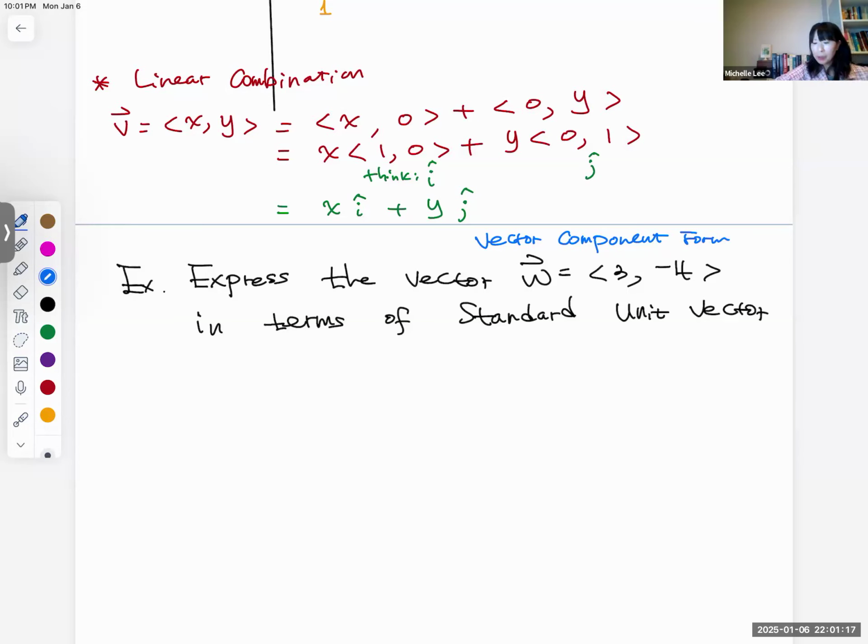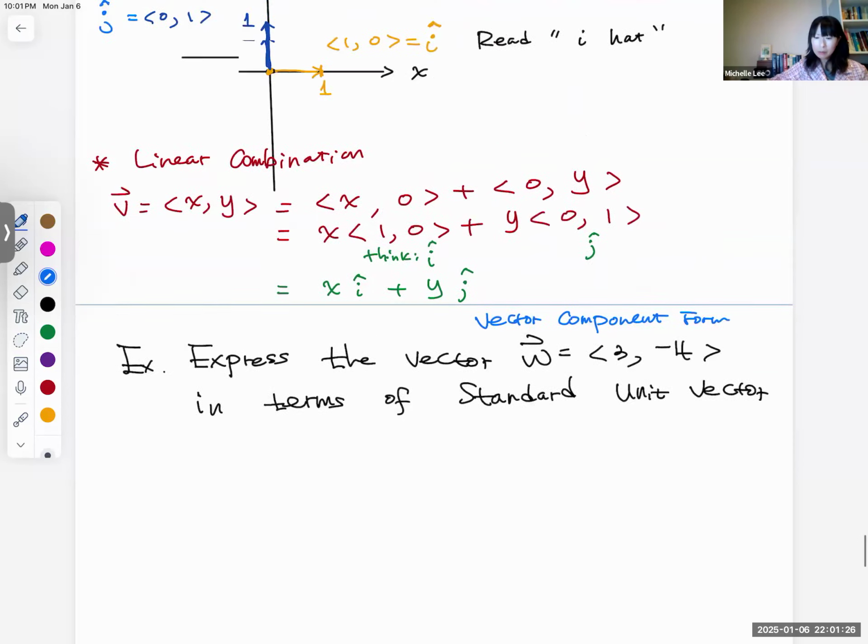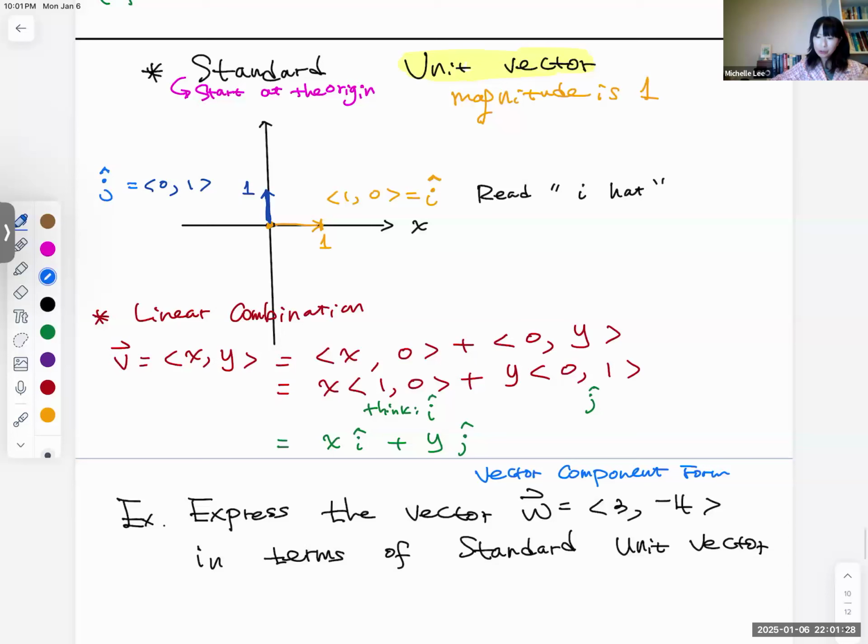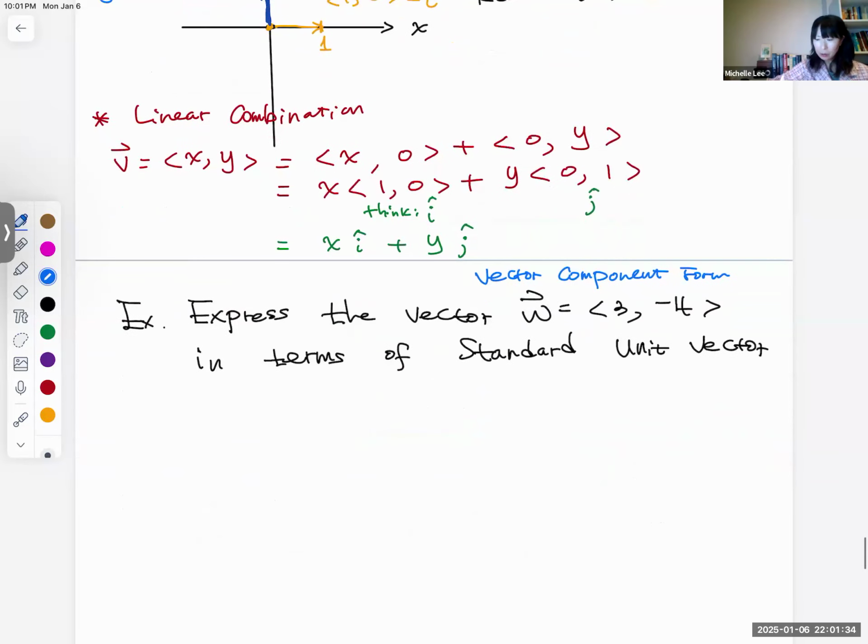And then we want to express it in terms of the standard unit vectors, so basically the linear combination i j form. Standard unit vector i j form and linear combination i j form are basically the same thing, right?